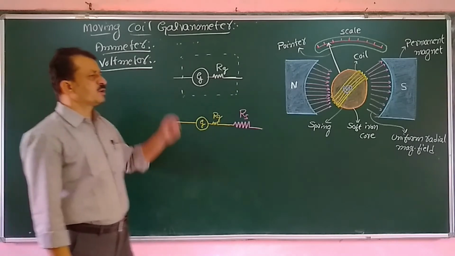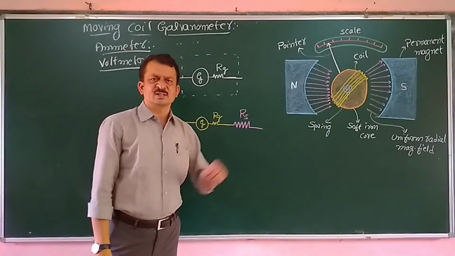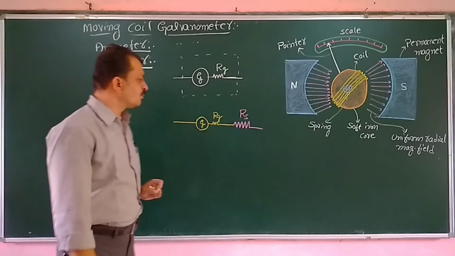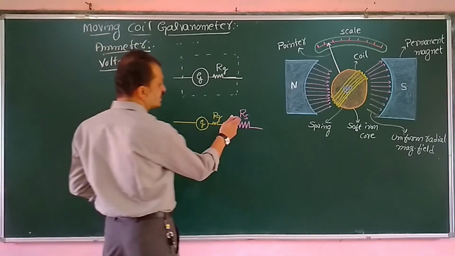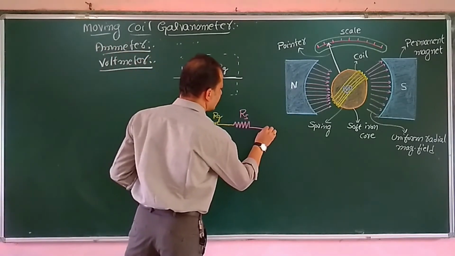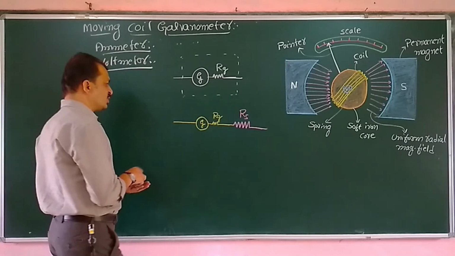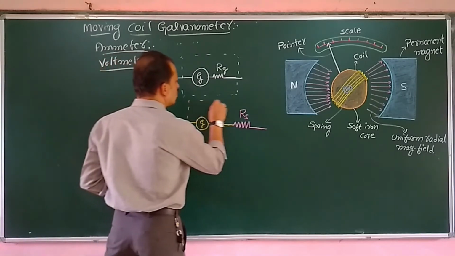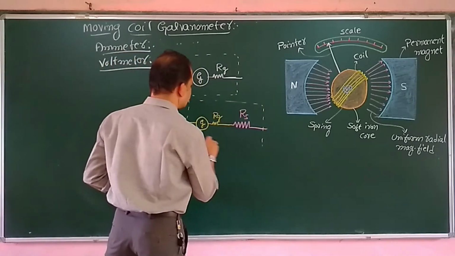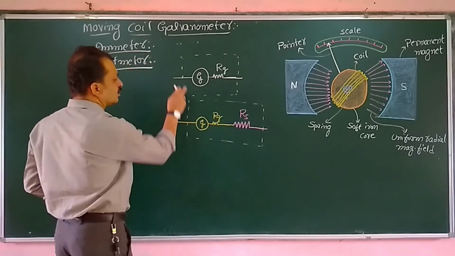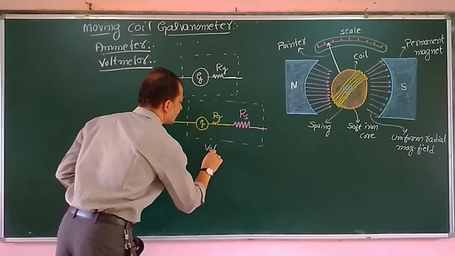In the previous case, we wrote small rs because it is a shunt resistance. A high series resistance, RS, is to be connected. Now this combination works as a voltmeter. This is the galvanometer, this is the voltmeter.